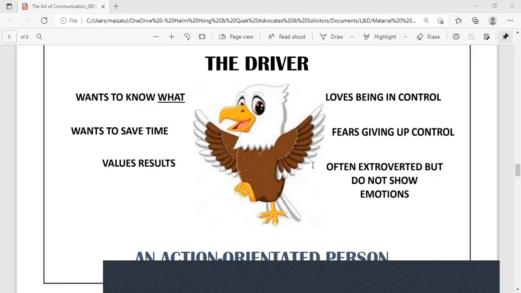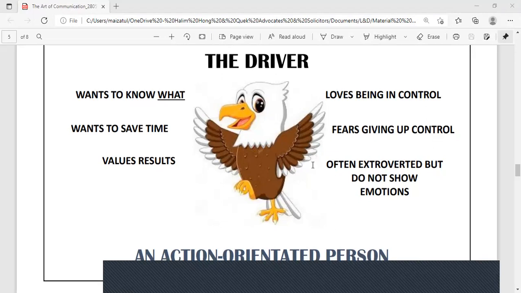They want to know why. They are fast people. They value results and they value time. They love being in control and they fear giving up control. This person is an extrovert.